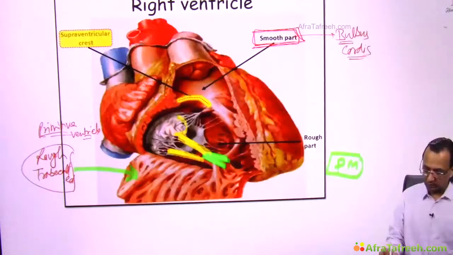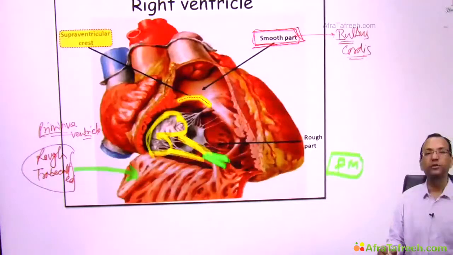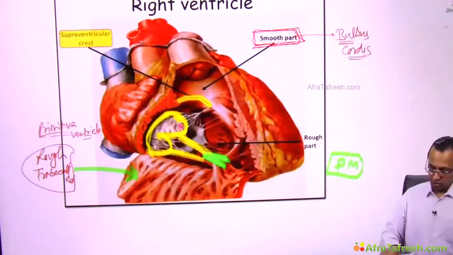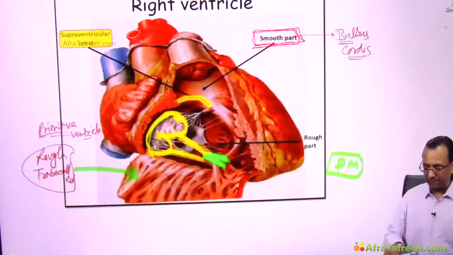To the cusp here, because you know that there is this cusp of the tricuspid valve here. So this is the tricuspid valve having cusps, and you are trying to control the cusp by some chordae tendineae. Yes, they are tendinous chordae tendineae, and this is the papillary muscle in the rough trabecular portion.